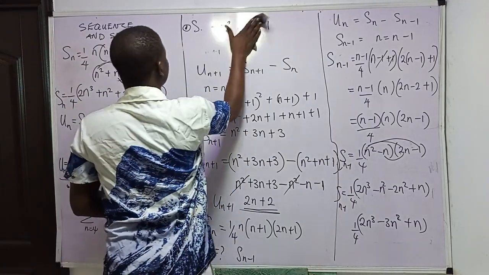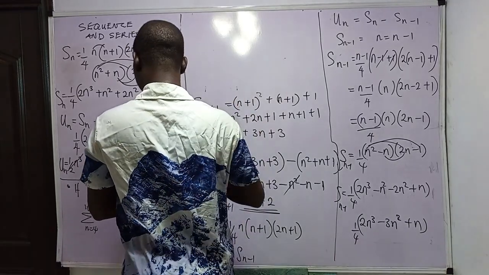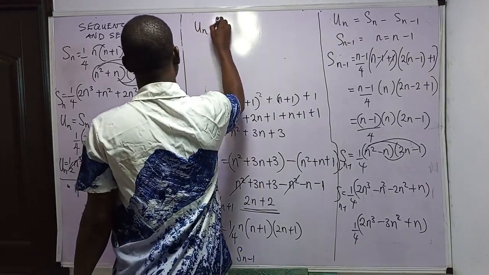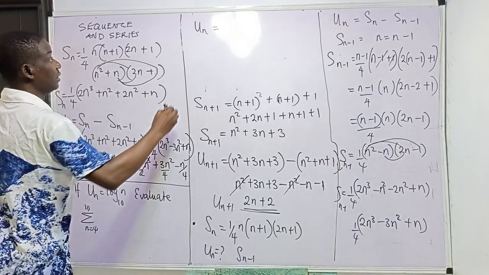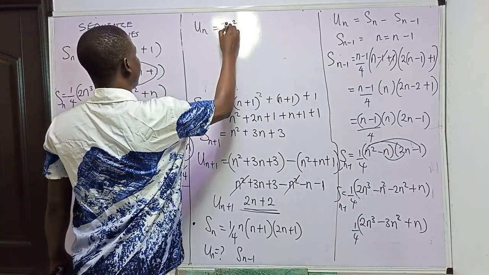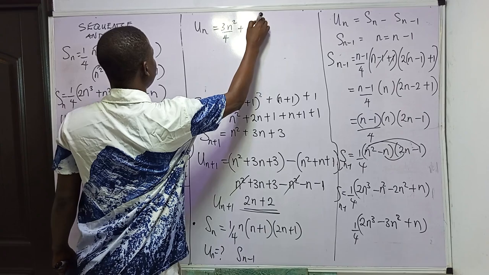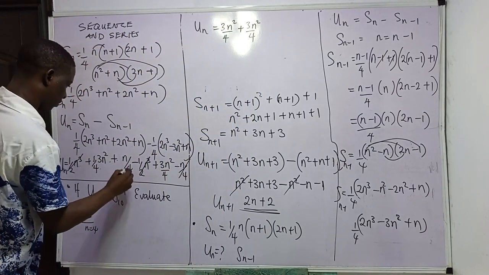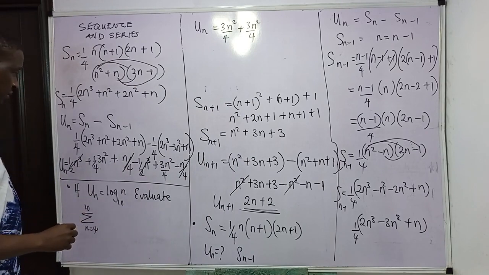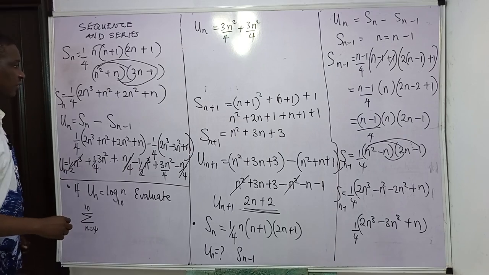So that will give us what? This and this are to be added together. We will have 3n squared over 4 plus 3n squared over 4. What again? This and this can cancel out. Yes, they can cancel out.